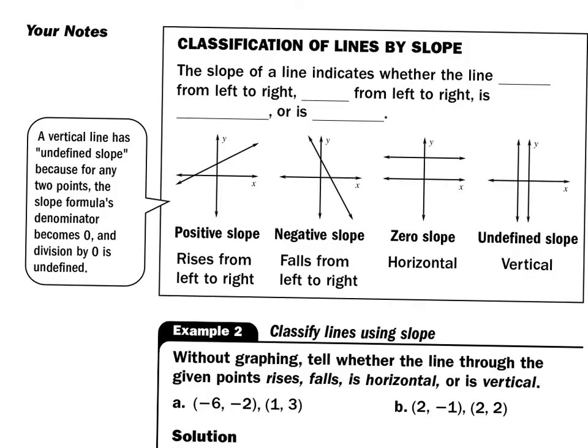Classification of lines by slope. The slope of a line indicates whether the line rises from left to right, falls from left to right, is horizontal, or is vertical.